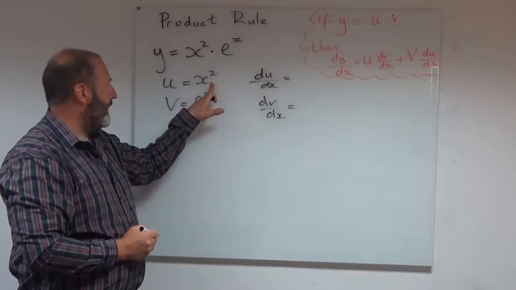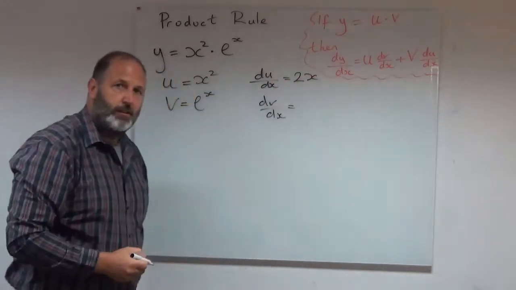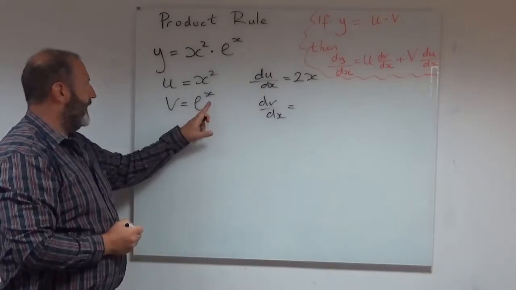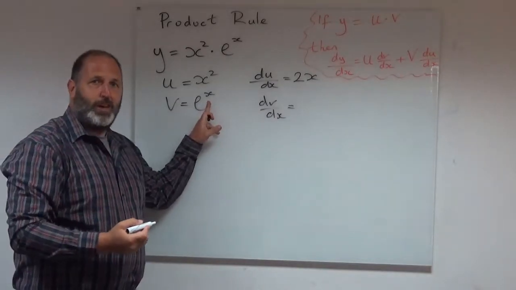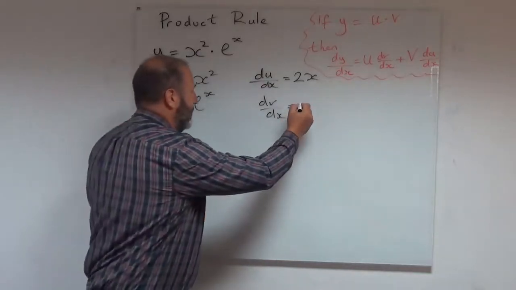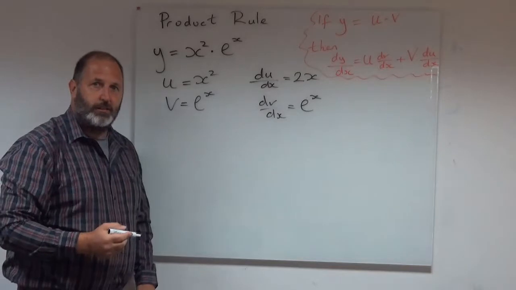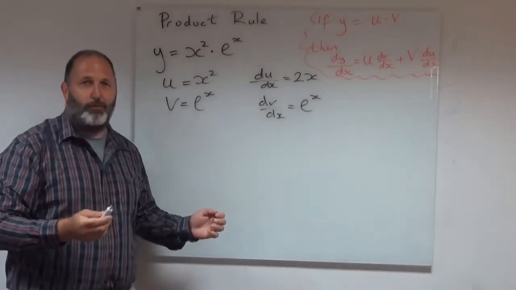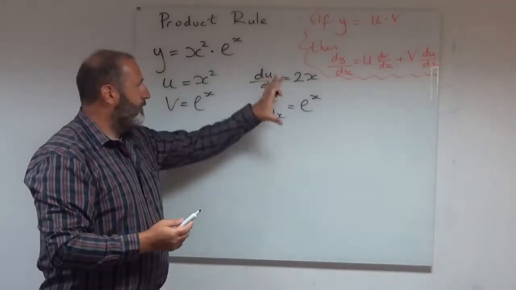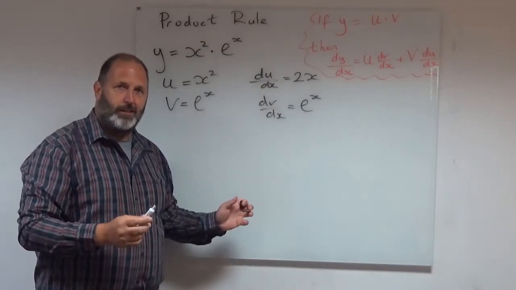If I differentiate x squared, I'll get 2x. And if I differentiate e to the x, well, this is that very special case. It's that one function that doesn't change when we differentiate it. So that's still e to the x. And the important thing to pick up from here is that we've done all the hard work. All the differentiation is now complete.